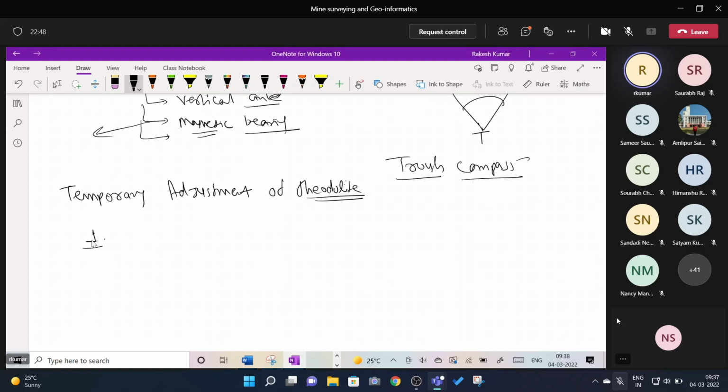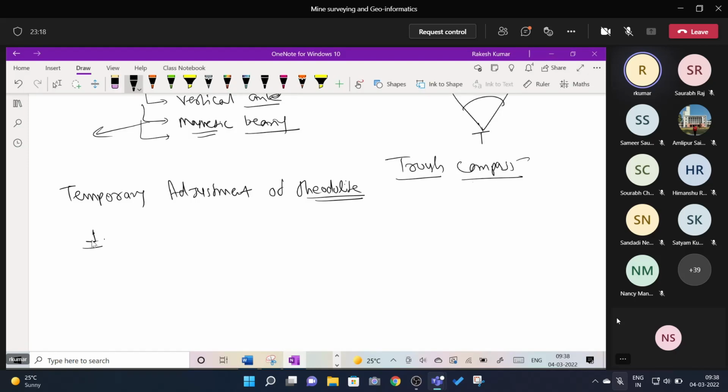What is parallax? Sir, the object is visible at a different location. Okay, so that error has to be removed by focusing the eyepiece and focusing the object glass.